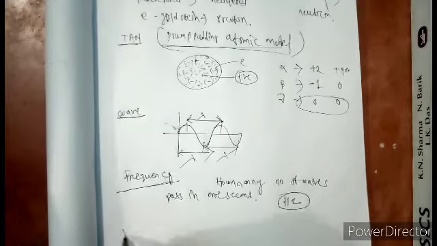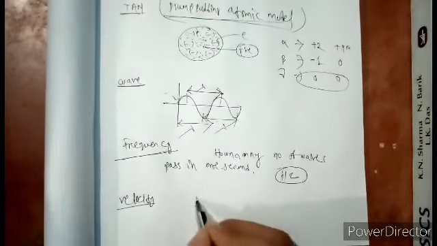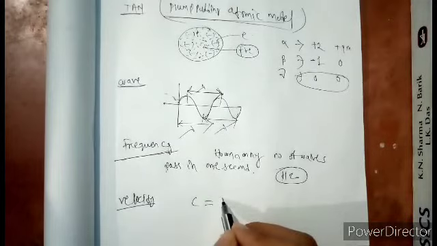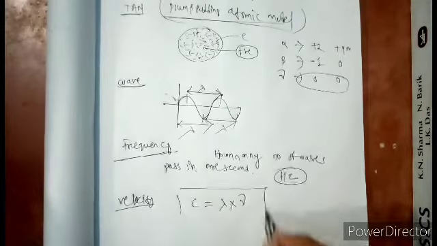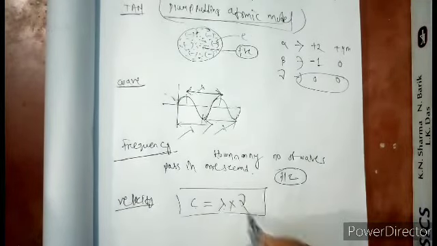Okay, then velocity, the formula is c equals lambda into nu, that is velocity is equal to wavelength into frequency.